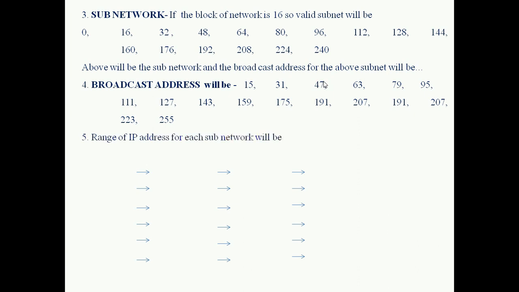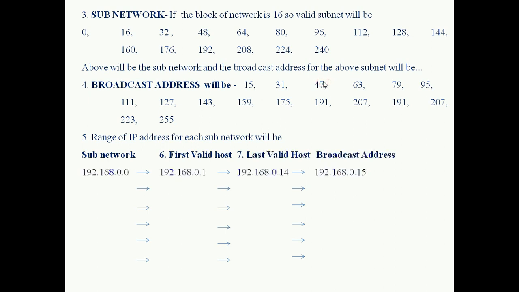Let's see what the range of IP addresses will be for these subnetworks. The network will start from 192.168.0.0.